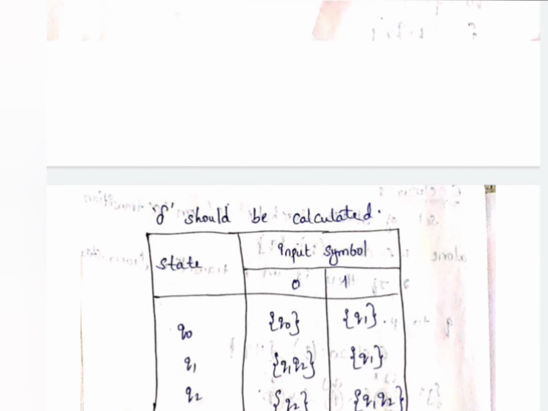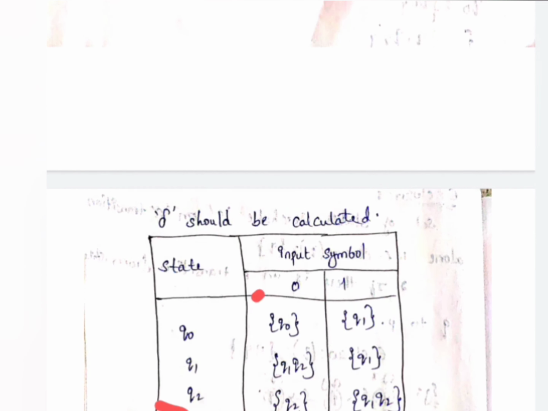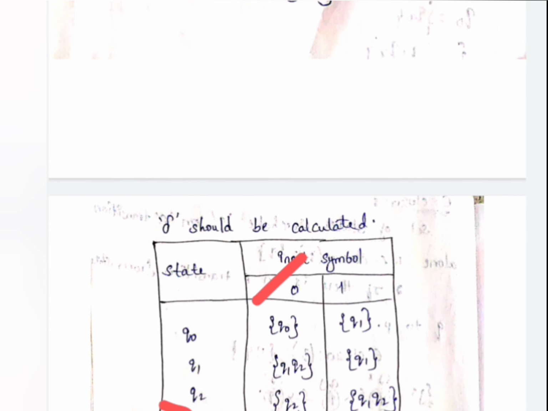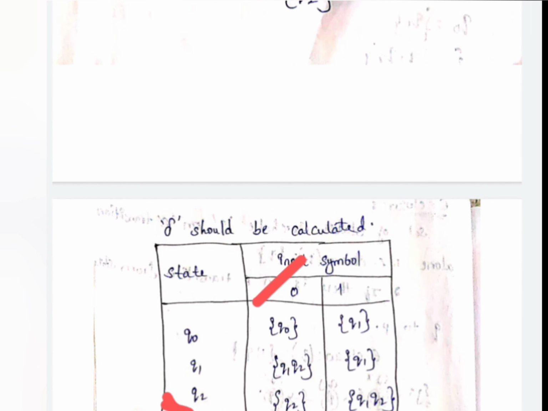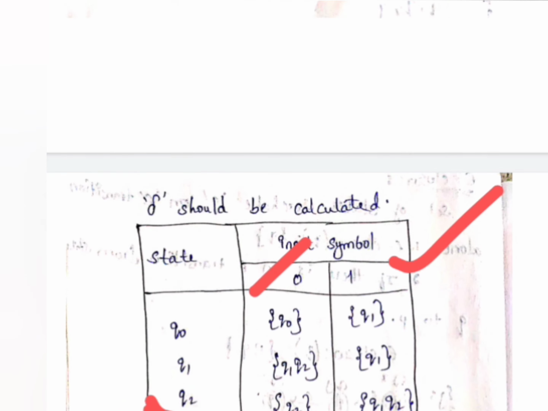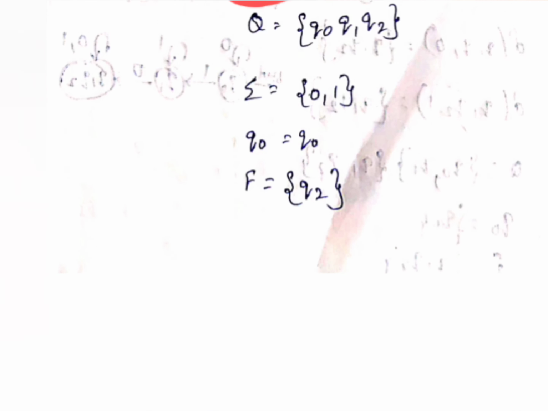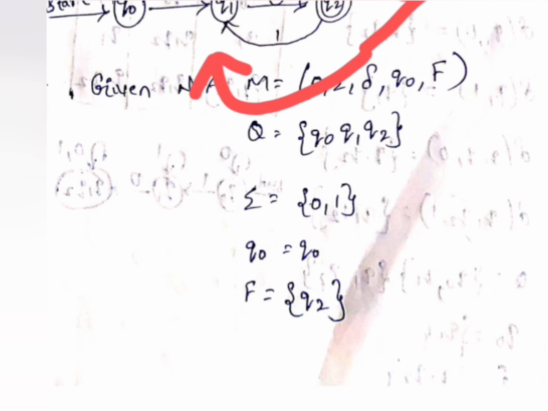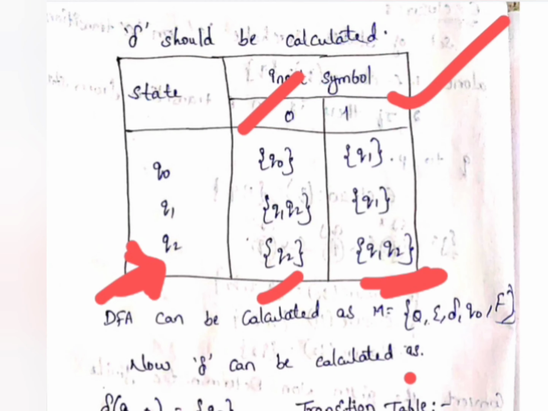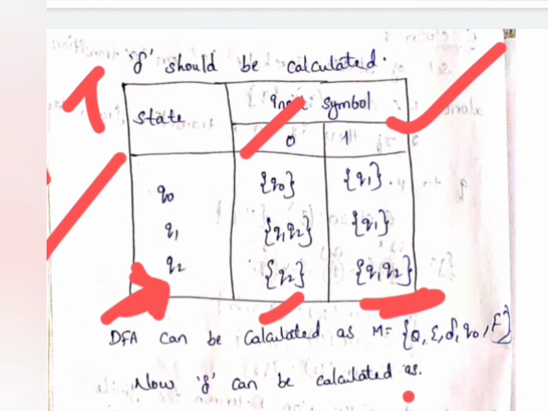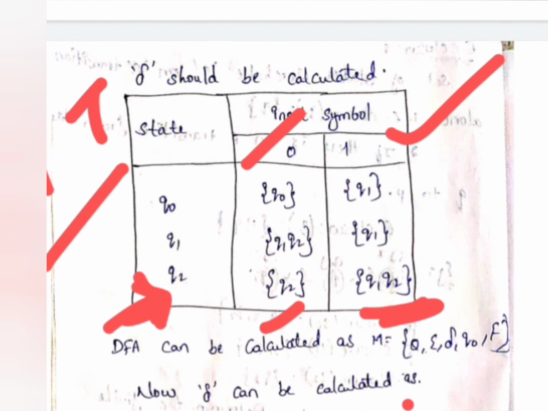Next, state Q2 with input symbol 0 moves to a self loop, so you write Q2. And state Q2 with input symbol 1 moves towards Q1 and self loop Q2, so you write Q1, Q2. This is our transition table for this transition diagram.